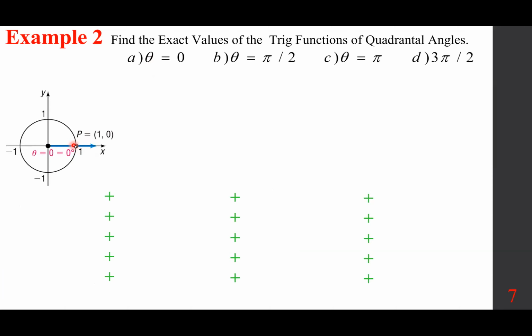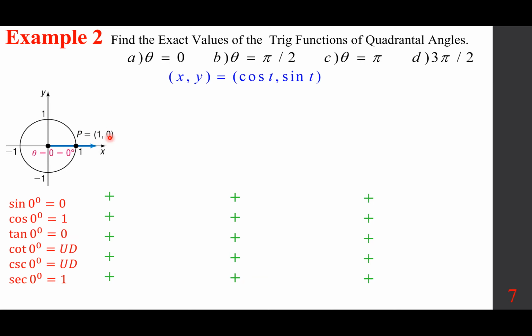And we remember x, y is cosine t, sine t. So that means sine is 0, cosine is 1. Tangent is 0 divided by 1, which is 0, and the rest of them are reciprocals.